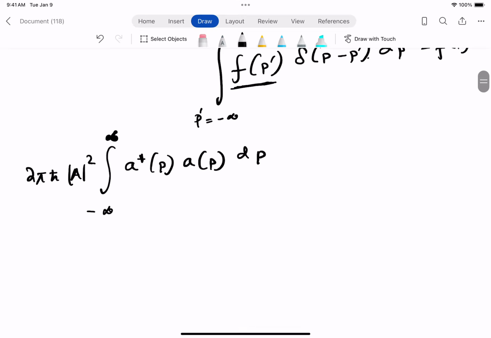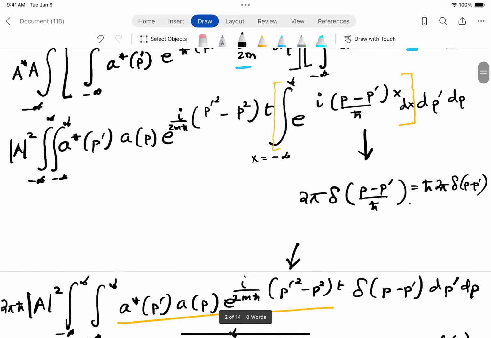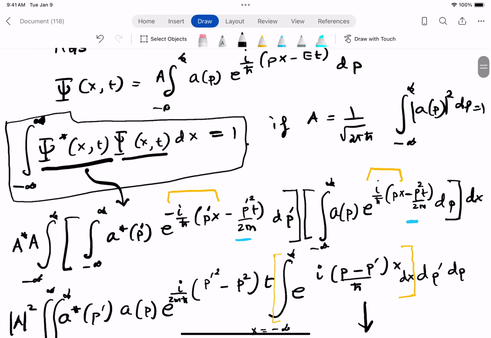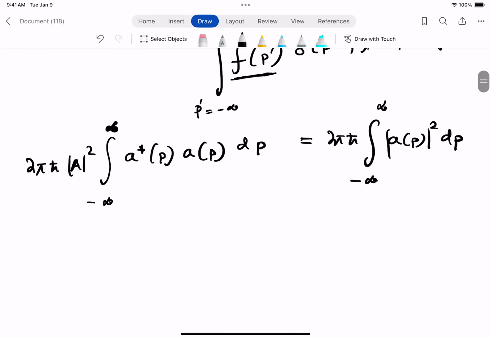That's all that I'm left with. And now I can just write this as 2 pi h bar times the integral over p, that's the only integral I'm left with, of a star of p times a of p, so that's the absolute value of a of p squared, dp. That's the result when I evaluate this quantity inside the box.